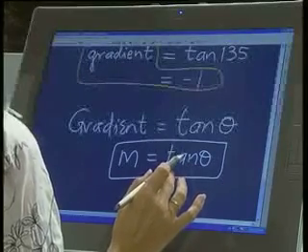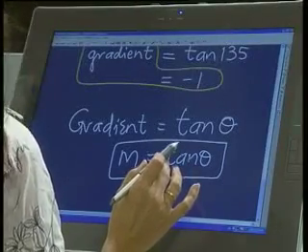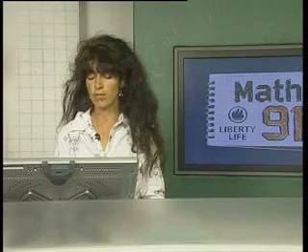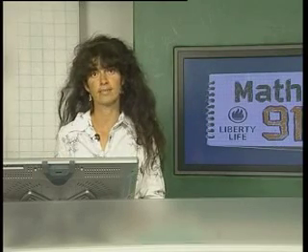You gave me another three questions: what happens if it's 11, 73, or 68? It doesn't matter what angle you're given, you just substitute the angle into the tangent, and that gives you your gradient. Is that better?